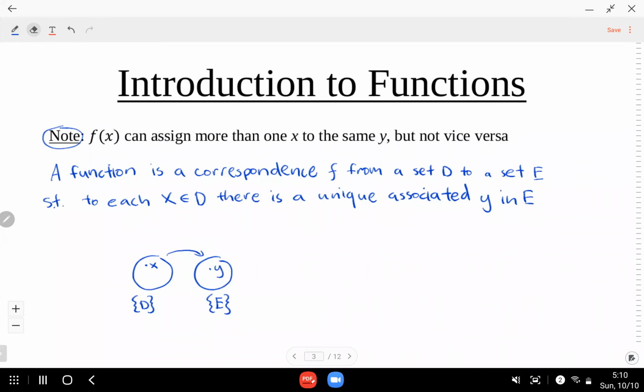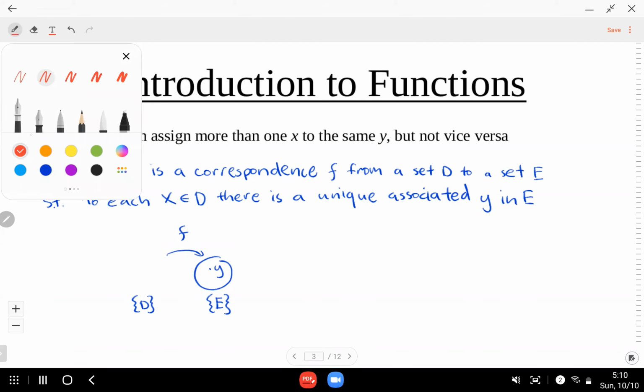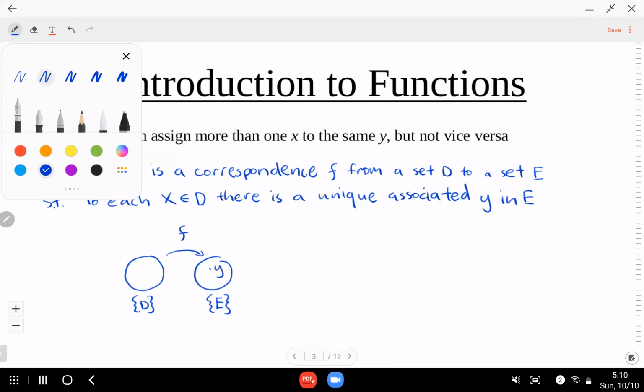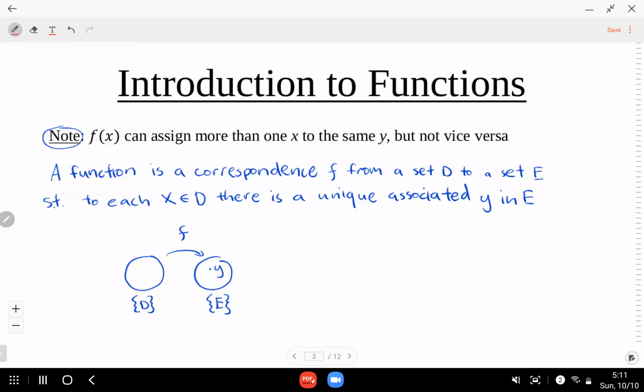Let's redraw this. We have our set D, and let's say we have two x's. Let's call them x1 and x2.